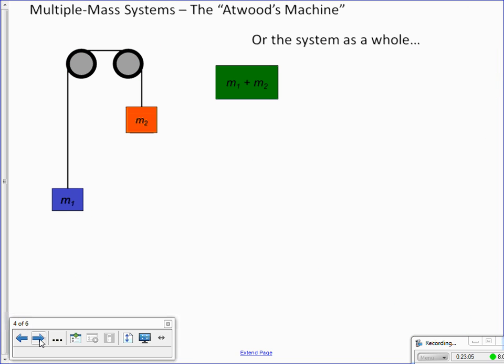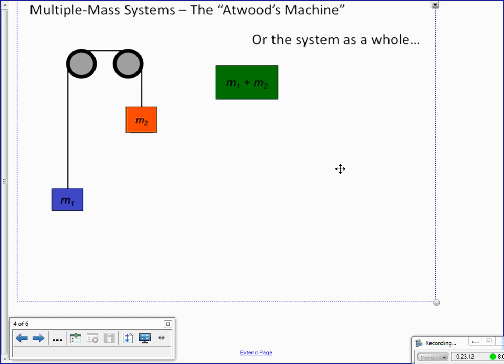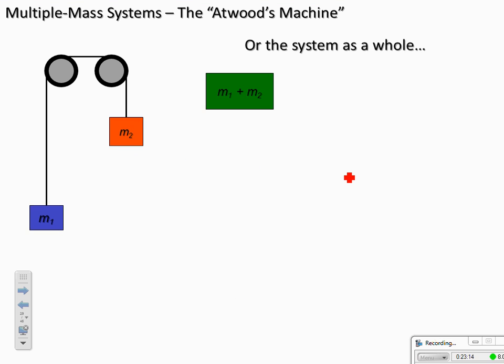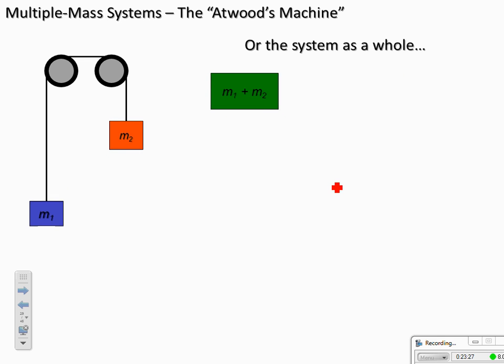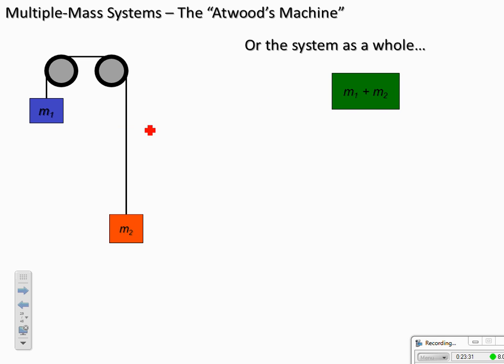So if you look at the system as a whole, I want you to see what happens. We can say that the system is the two masses together. When we release this thing, the whole system accelerates in whatever direction we call positive. Remember we said this way is the positive direction: up for 1, down for 2.